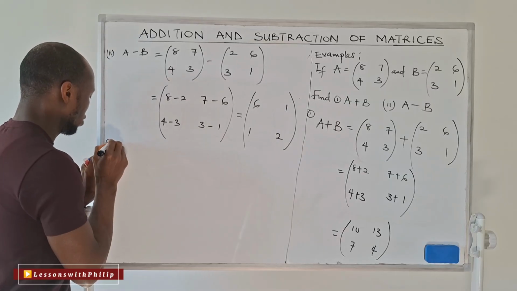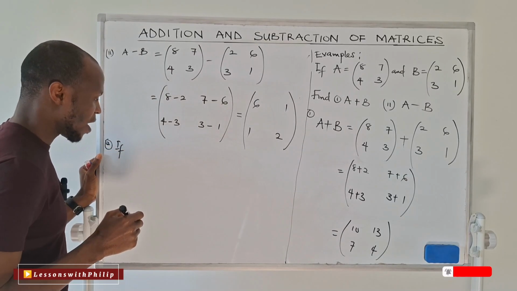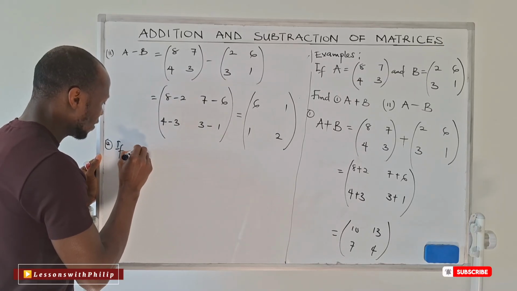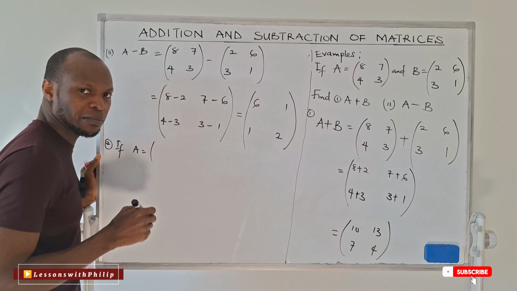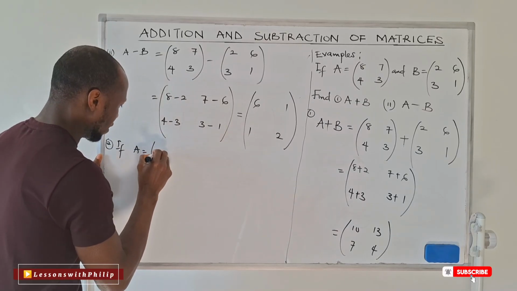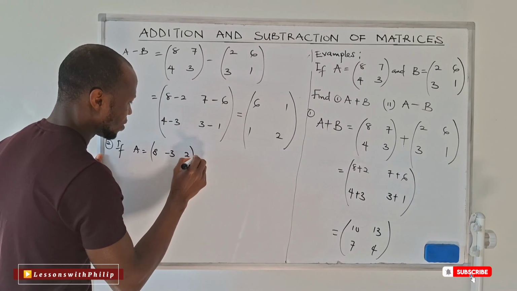Question 2. Supposing we have A to be equals to a 1 by 3 matrix. Let's say we have 8, minus 3, and we have 2.